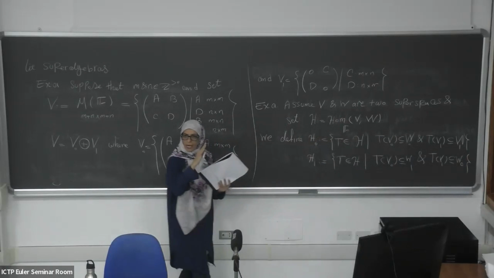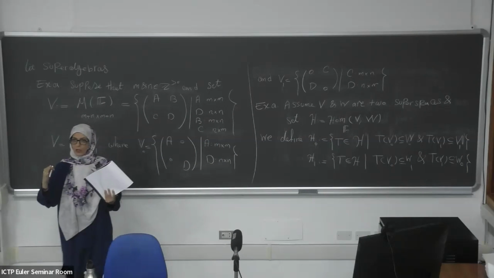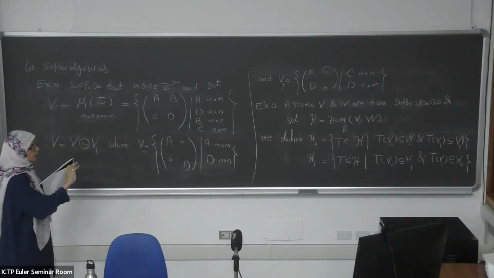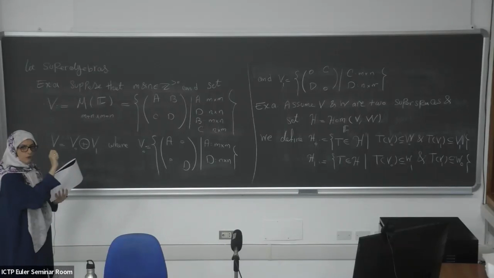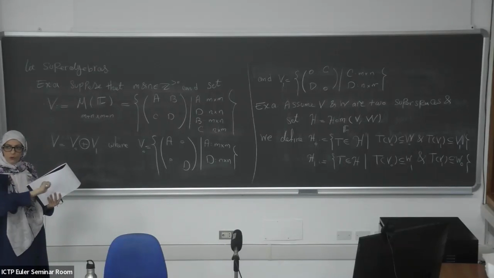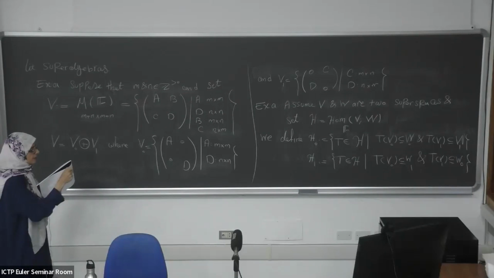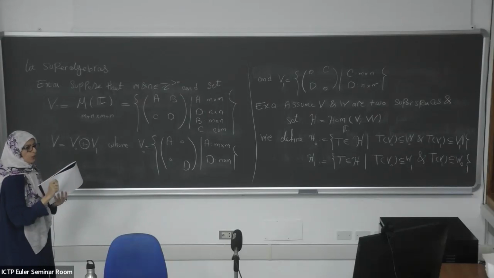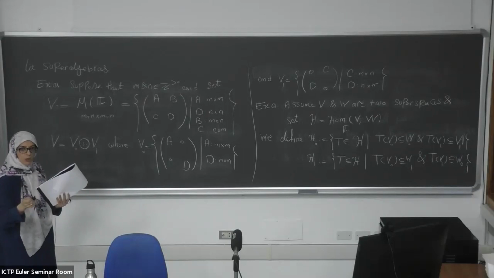So H0 is the set of all linear homomorphisms that map V0 to W0 and V1 to W1, and H1 is the set of all linear homomorphisms that map V0 to W1 and V1 to W0.